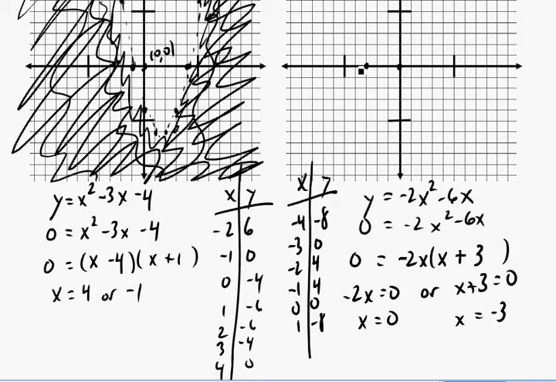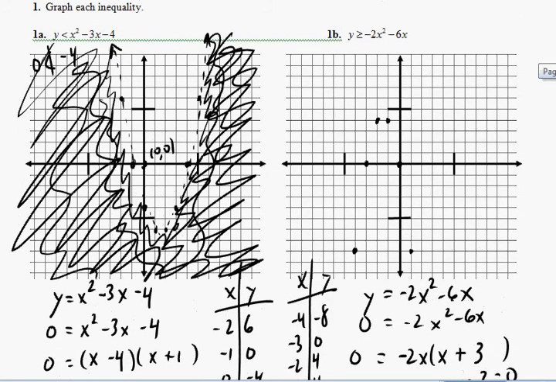So, (negative 4, negative 8) would be here. (Negative 3, 0) we have already. (Negative 2, 4) would be here. (Negative 1, 4) is here. (0, 0) we have already, and (1, negative 8) would be here.